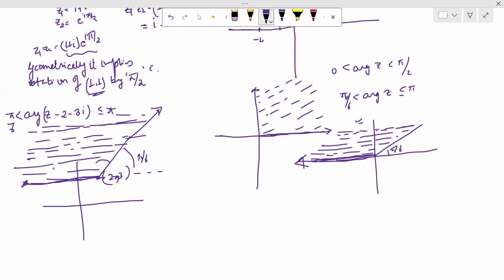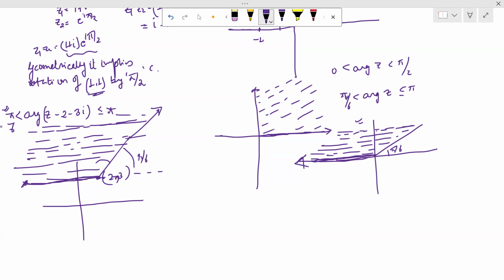And then this shaded region would have been the accurate representation of this particular region. I hope it is clear now.